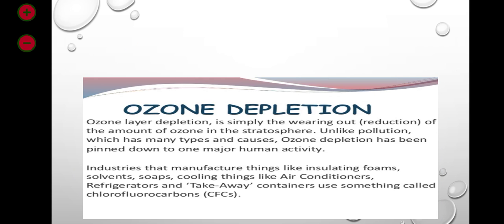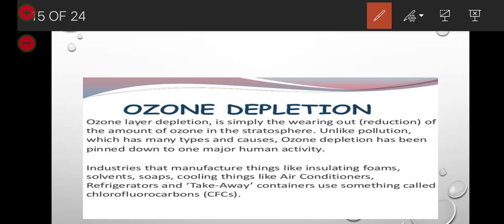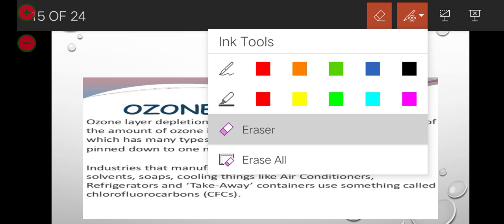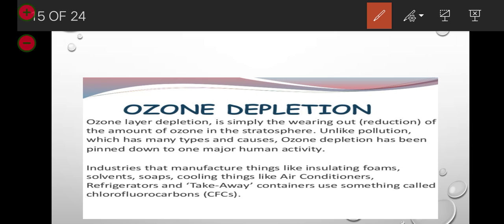Ozone layer depletion is simply the wearing out, that is, the reduction of the amount of ozone in the stratosphere. Unlike pollution, which has many types and causes, ozone depletion has been pinned down to one major human activity.